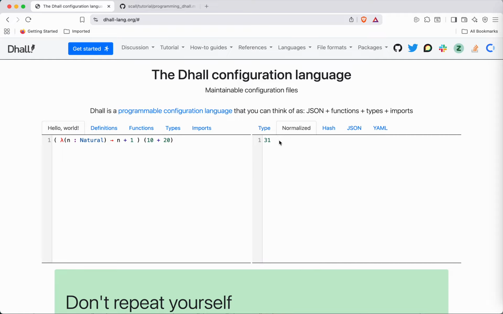And the normalized form of this expression is the literal natural number 31. So you see, this is what programming in lambda calculus looks like. You write an expression, everything is just an expression, and you get the final normal form of that expression, which is the evaluated result that you would like.